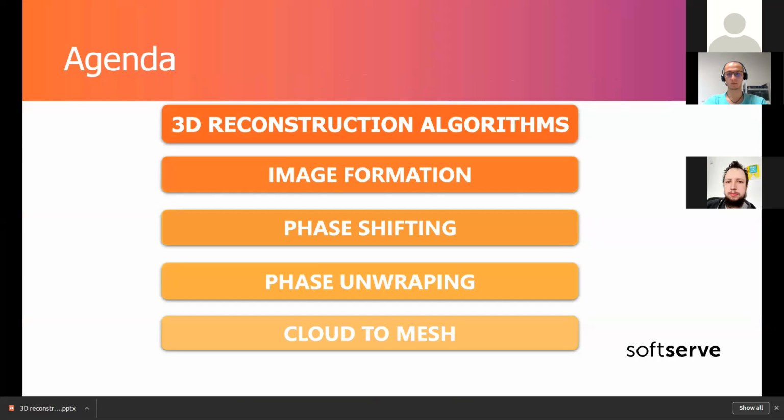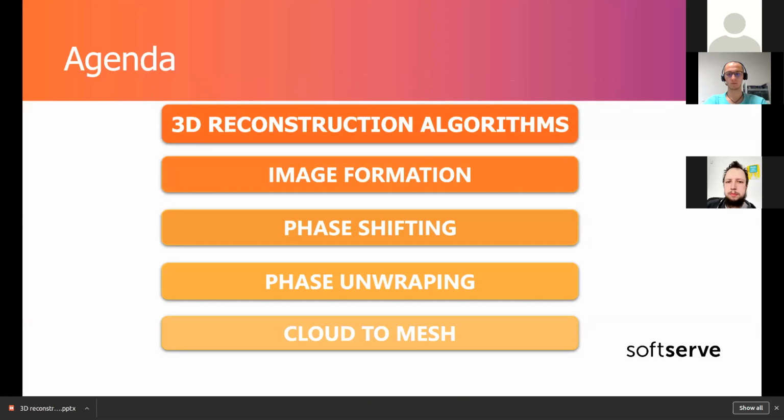First of all, we will talk about some existing algorithms for 3D reconstruction and depth measurement. Then we will talk about the specific category of structured light, how it is used for image formation, and the problems faced in order to solve the depth.